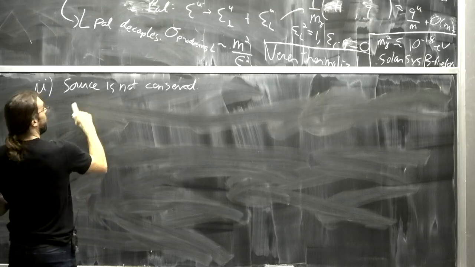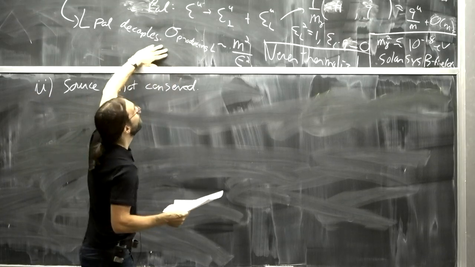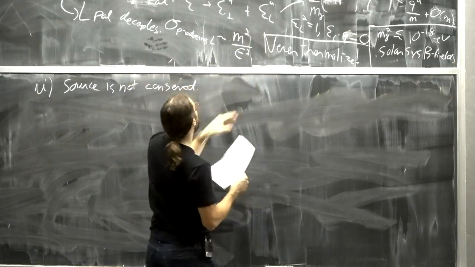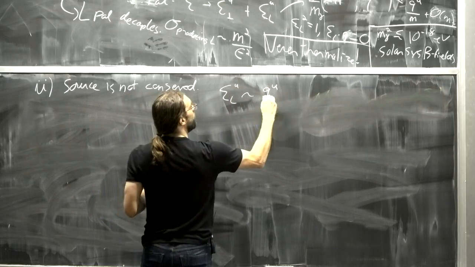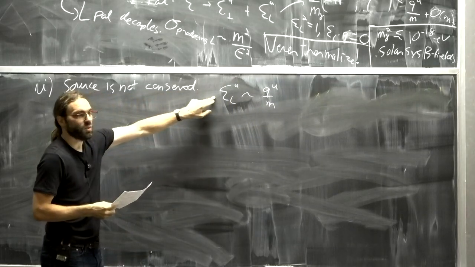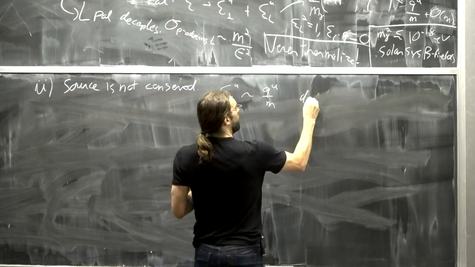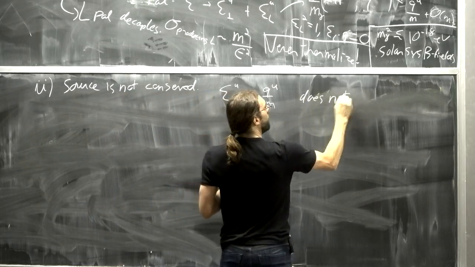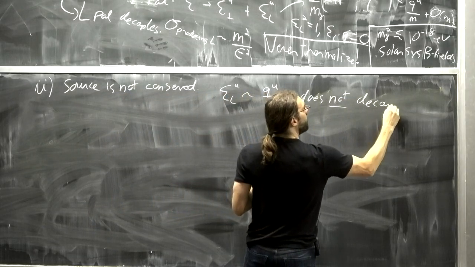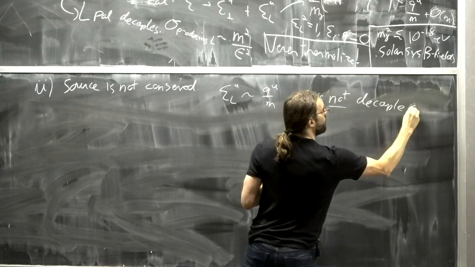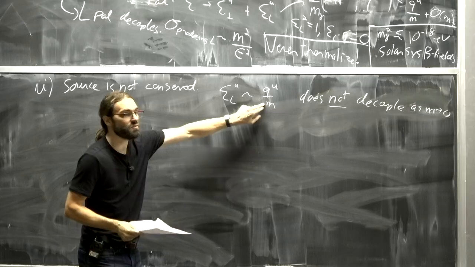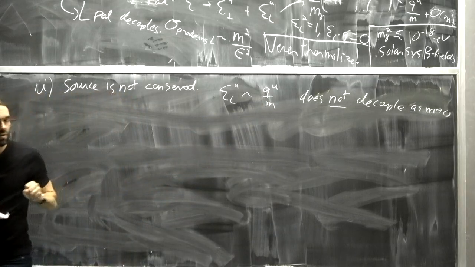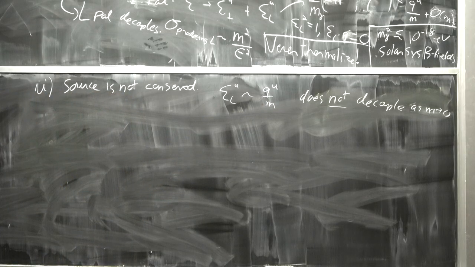Remember that they assume the longitudinal polarization is large, q^mu over m. It does not decouple. So the limit is not smooth, and you have 1 over m's everywhere in your amplitudes when you scatter the longitudinal polarization.